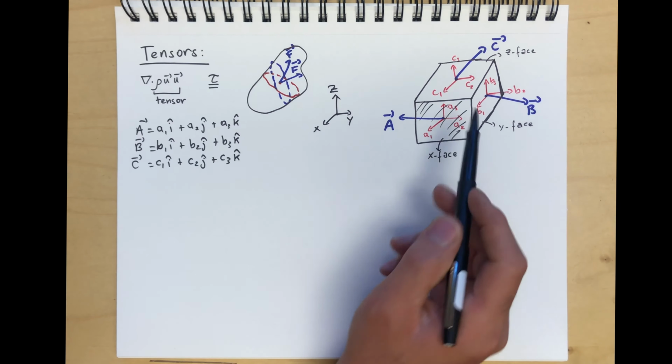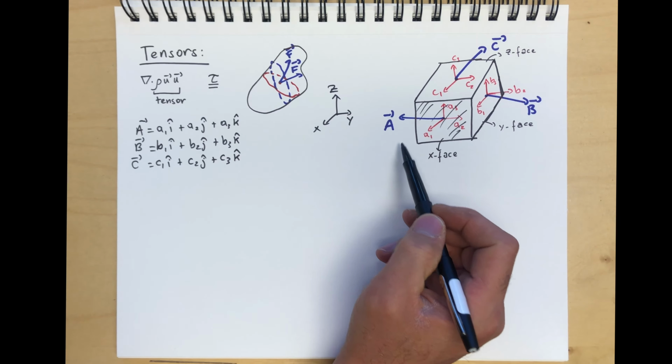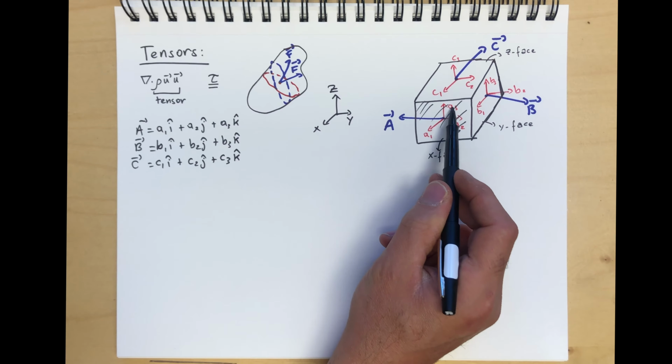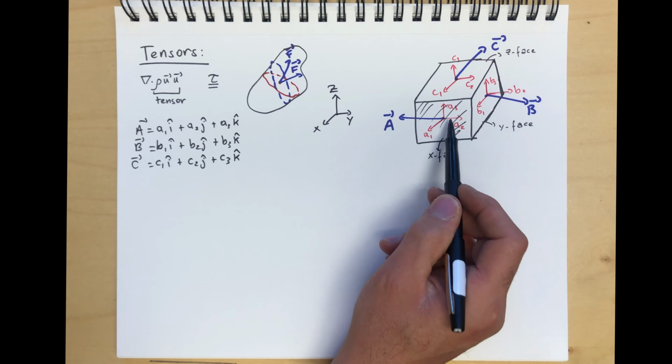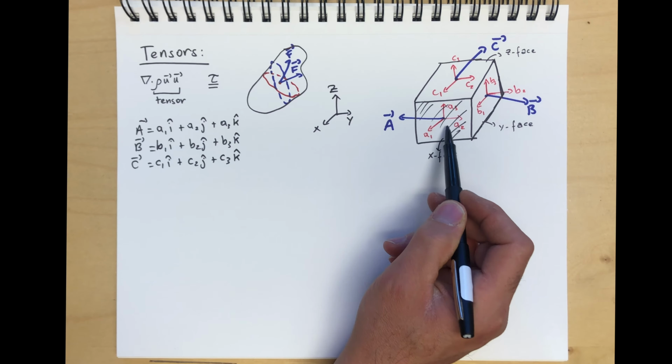So when we refer to the components of A, we can use the x face in addition to the index of the individual components to say we are on the x face, and these are the components on the x face.